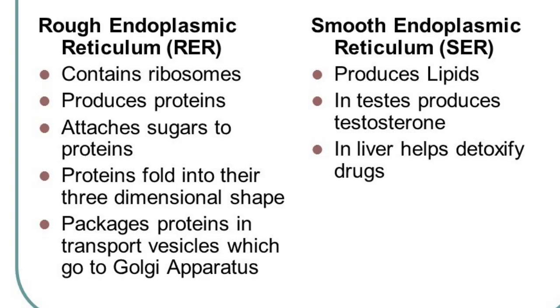So what is the function of the endoplasmic reticulum? The rough endoplasmic reticulum is responsible for protein synthesis. This is because it has ribosomes attached to its surface, while the smooth endoplasmic reticulum is responsible for the synthesis of products such as cholesterol, lipids, and steroids.